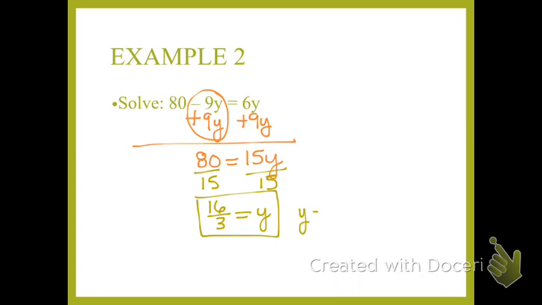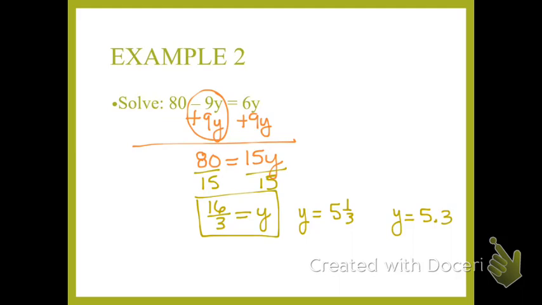So it would be equally correct to change 16 thirds into 5 and 1/3, and it would be equally correct to write that as 5.3 repeating. However, it's probably just easiest to leave it as 16/3.